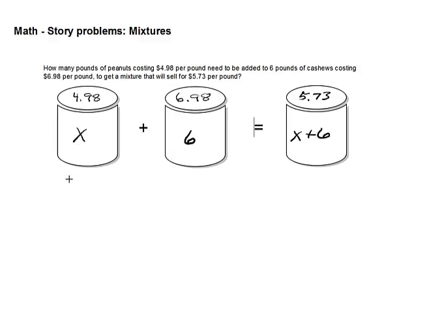So 4.98 times X would give us 4.98X plus, and 6.98 times 6 would give us 41.88.